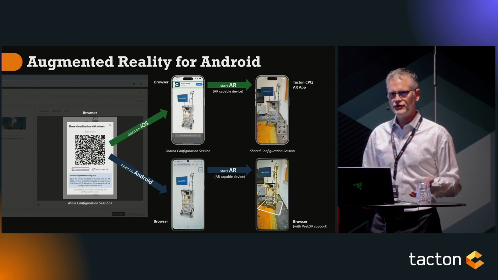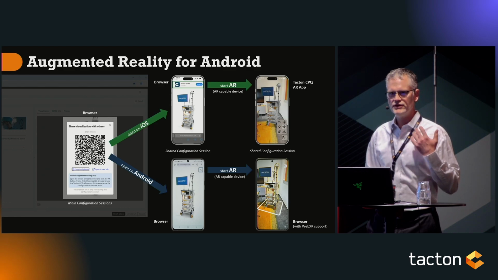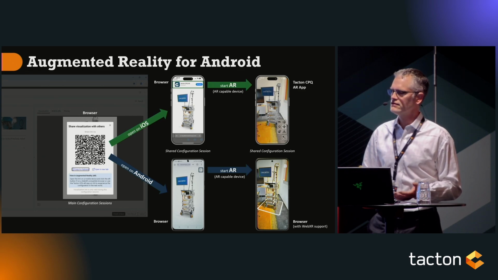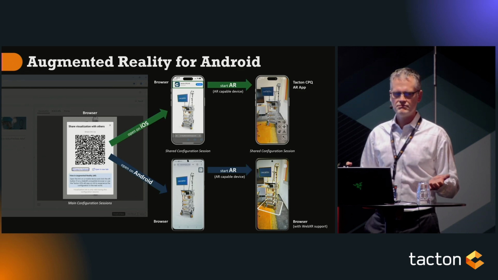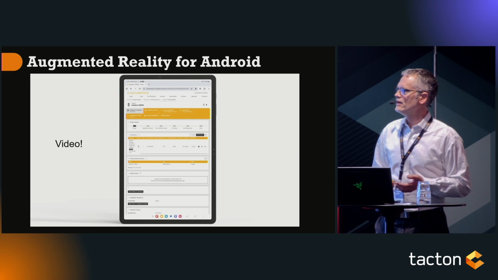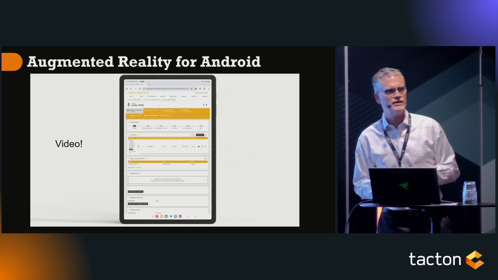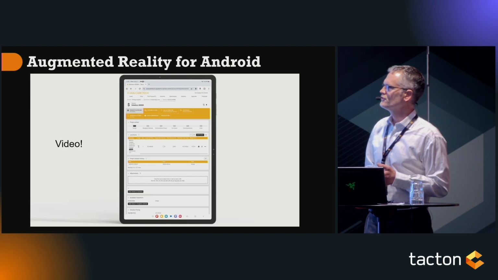If they're on an Android device, they can use the browser throughout, both to see the visualization and to see it in augmented reality, basically on their premises. And we have a video demonstrating this piece that I'm hoping to see on screen right now.